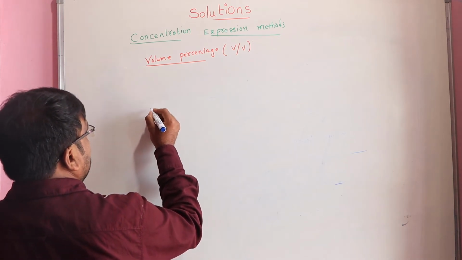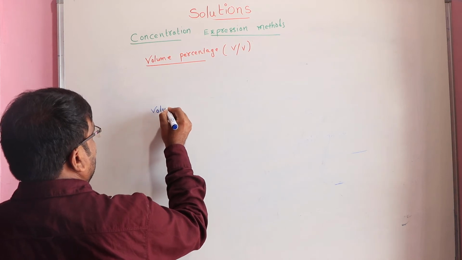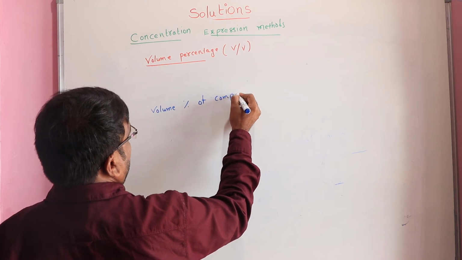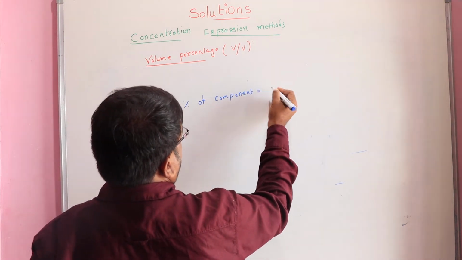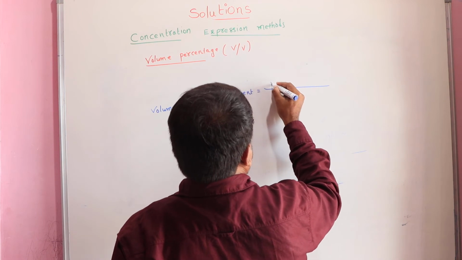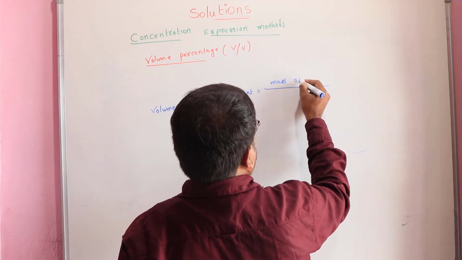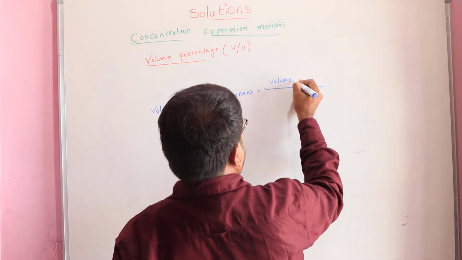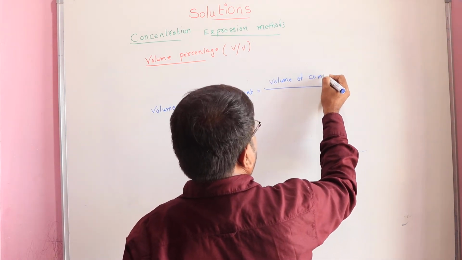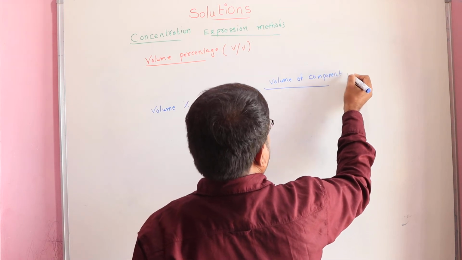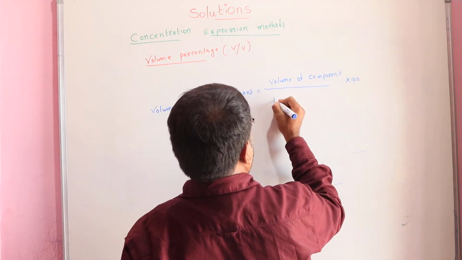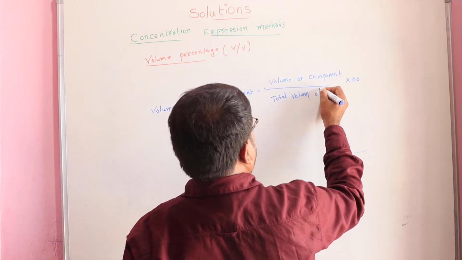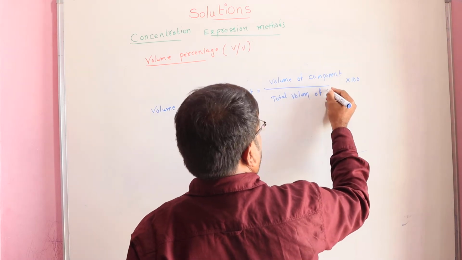So volume percentage of component is equal to volume of component into 100 divided by total volume of solution.